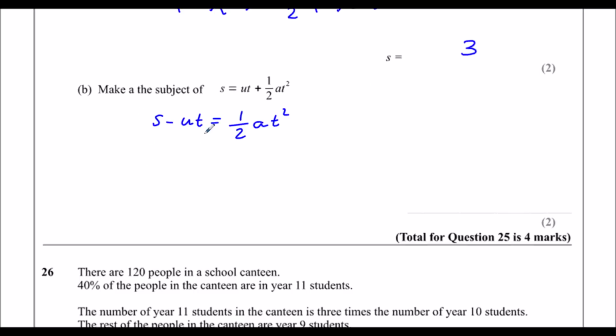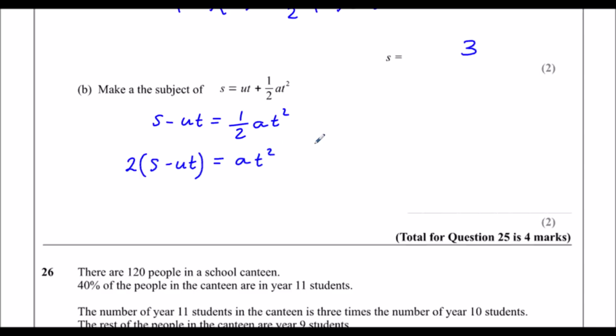So I'm multiplying this whole side by 2. We could also just multiply both the terms by 2. It doesn't matter. If you put 2s, take away 2ut, that would also be okay. So I'm multiplying the whole side by 2. So I'm putting a bracket there. So the whole side multiplied by 2.